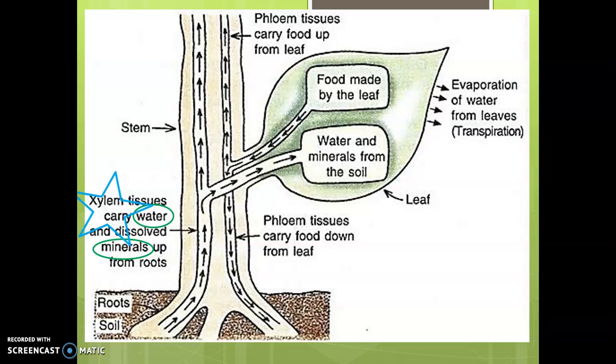It's a special tissue adapted to carry water and minerals from the roots to other parts of the plants, which is the leaves and also to the stems. And food is carried by a special tissue, which is the phloem, from the leaf to the roots and to other parts of the plants. So mainly xylem and phloem are the tissues involved in this transportation of food, minerals, and water.